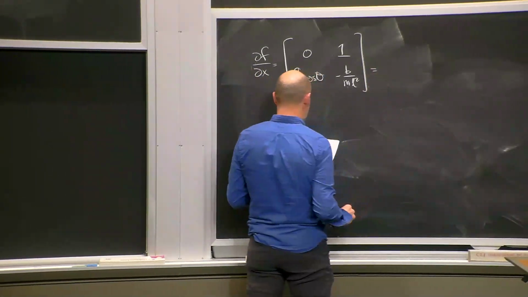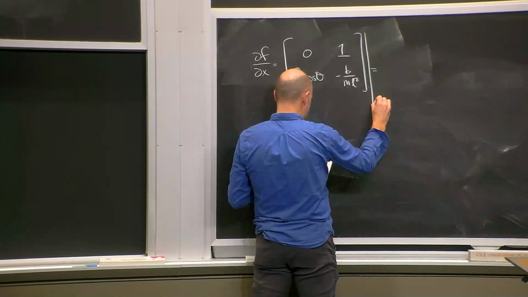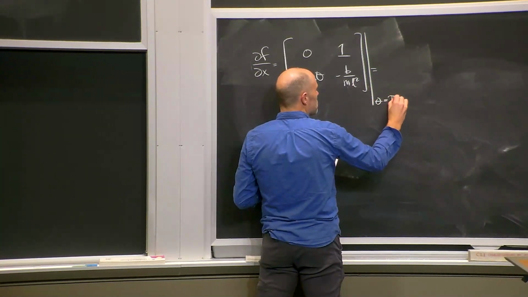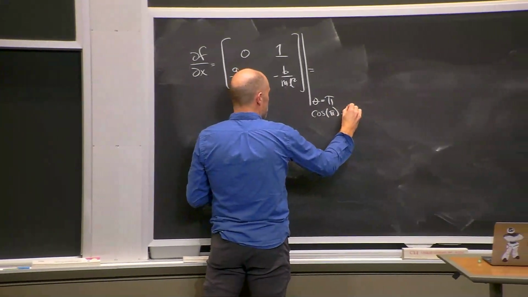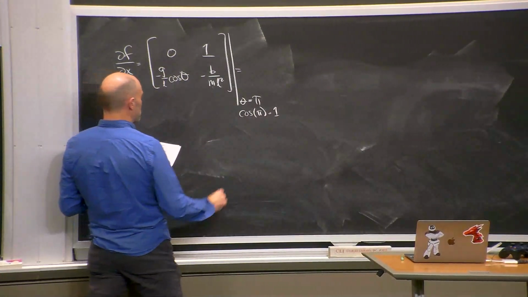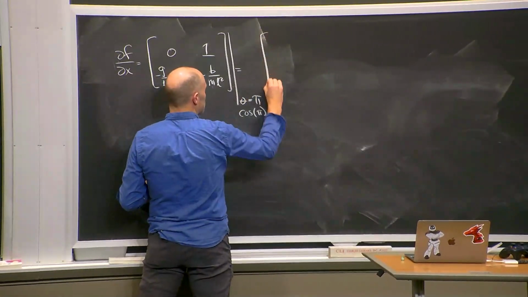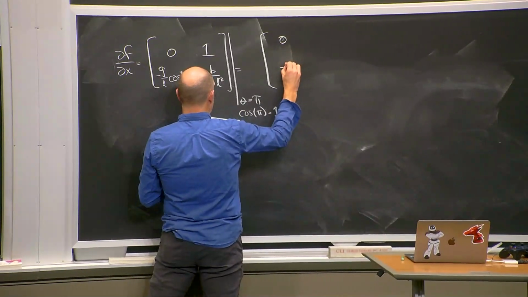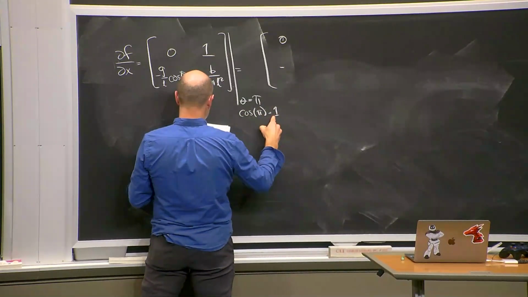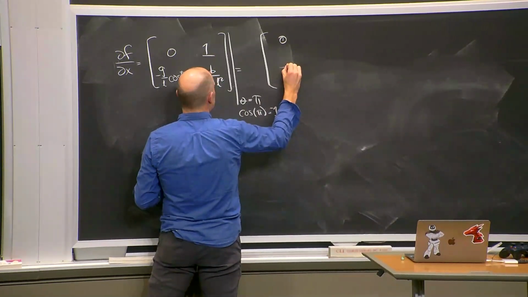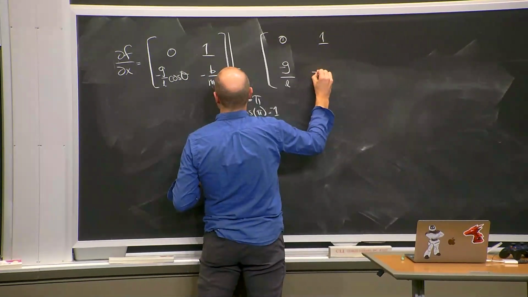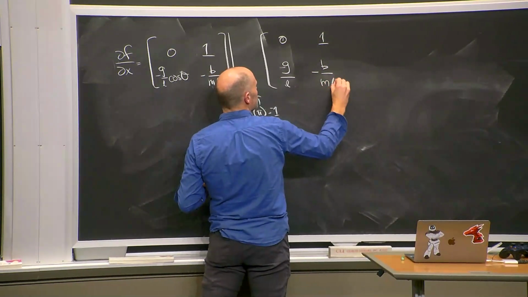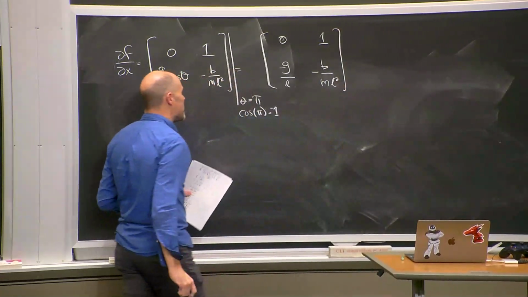If I evaluate this at theta equals pi, cosine pi equals minus 1, and I get 0, 1, g over L, negative b over ml squared. All right, so that's my A matrix.